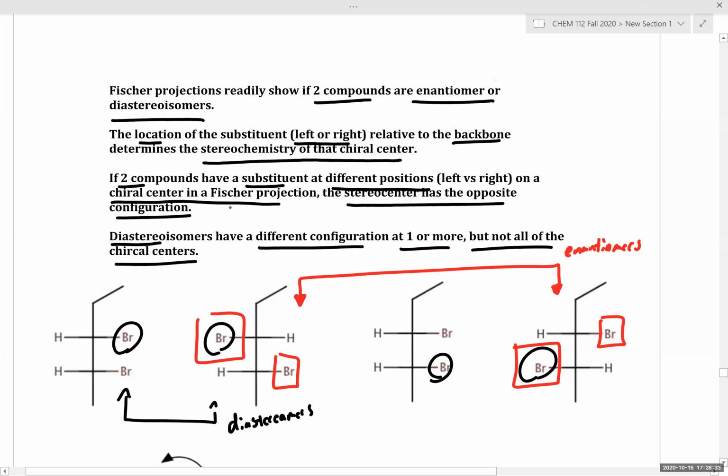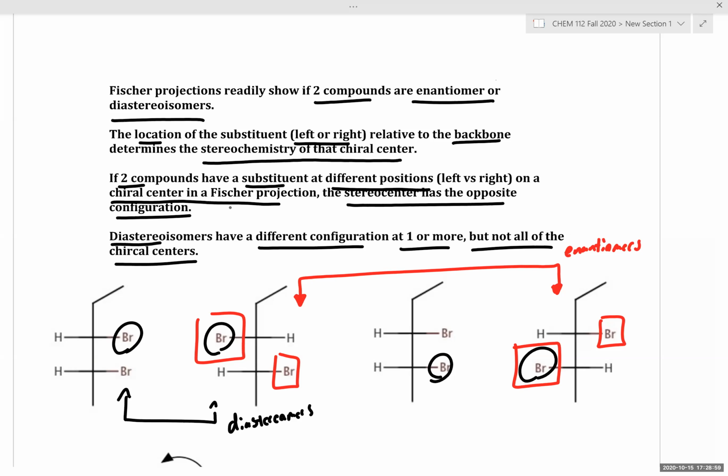Does this idea make sense? So Fischer projections are really useful for quickly identifying diastereomers and enantiomers because the position of the substituents on the left or right-hand side directly determines the stereochemistry of our chiral centers.